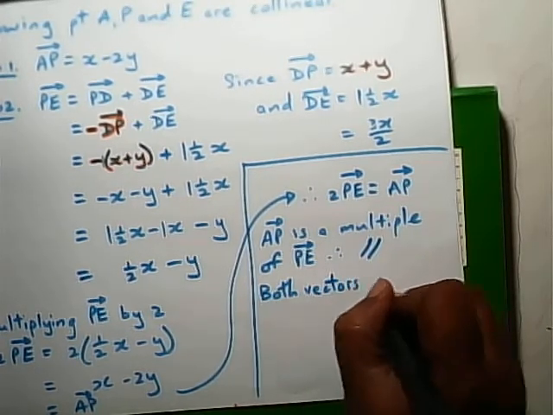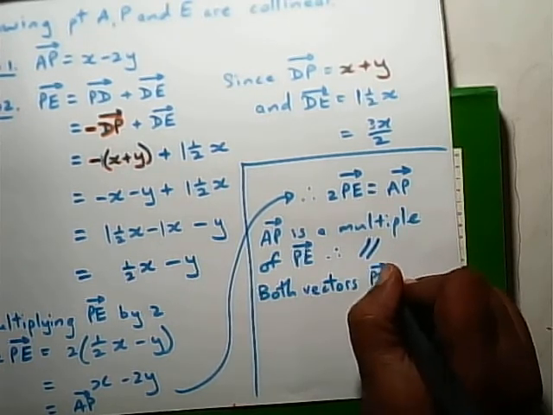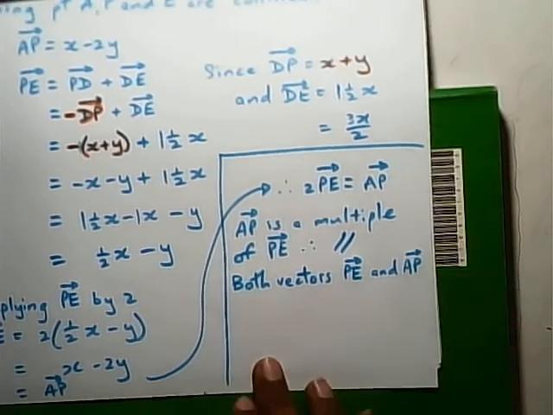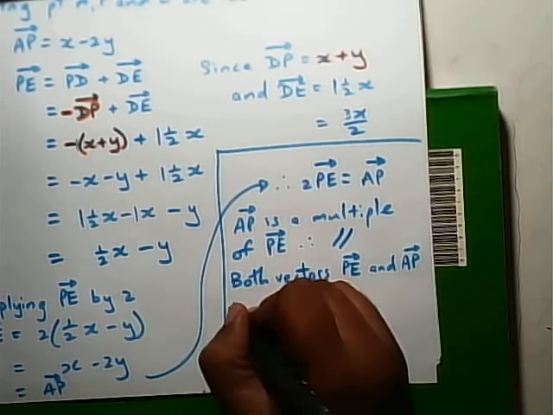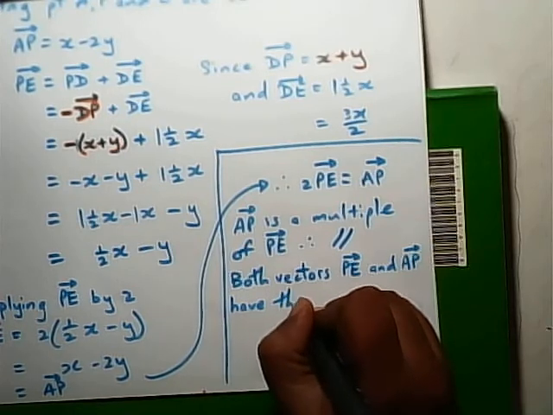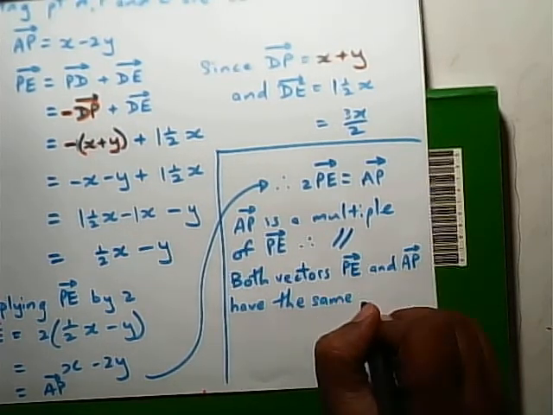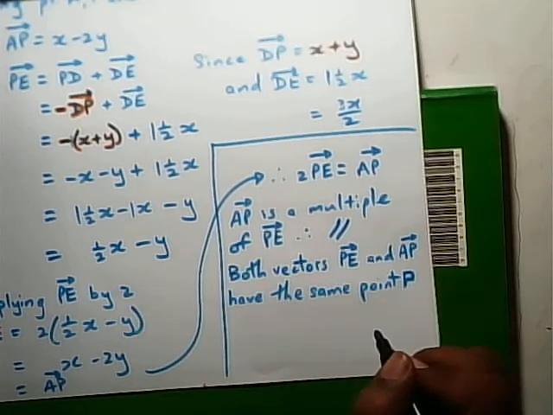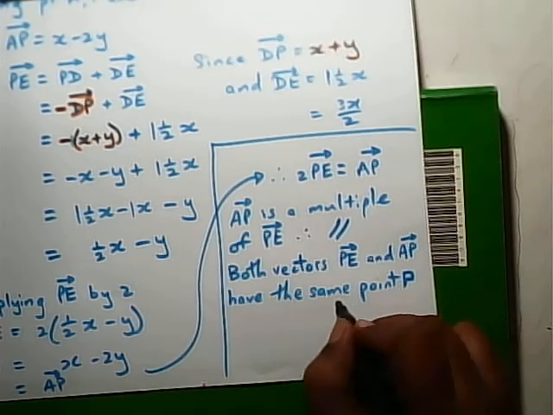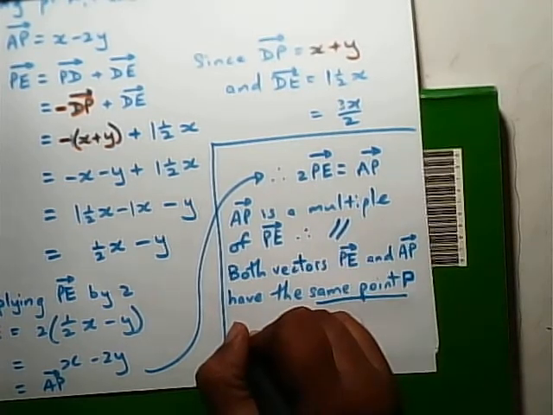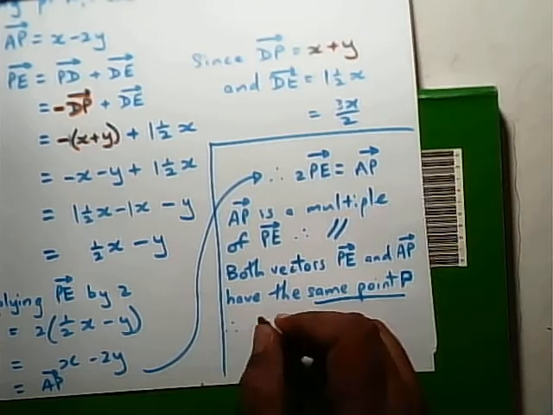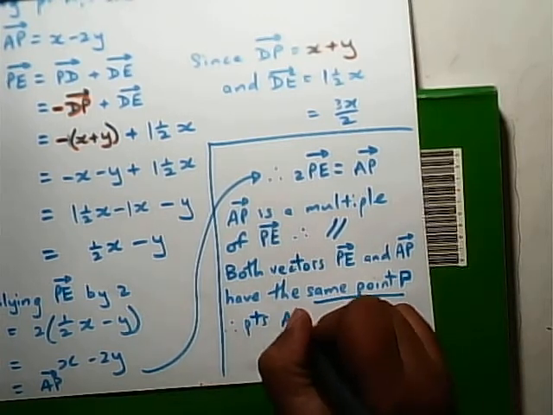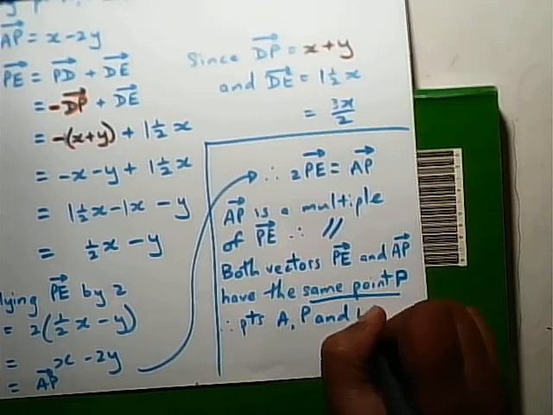Both vectors PE and AP have the same point P. Now that they have the same point and they are parallel, then you can say, therefore, points A, P, and E are collinear.